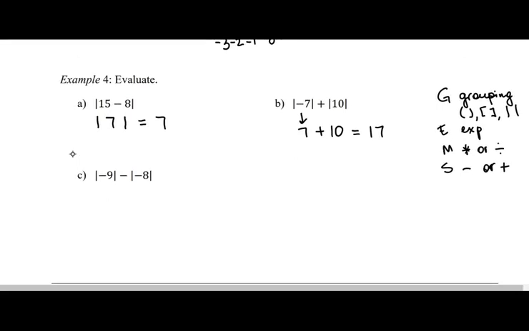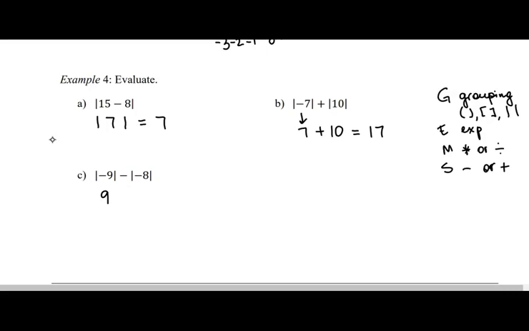In part C, we have the absolute value of negative 9. We have to find that one first. Then we have to find the absolute value of negative 8. And then we will subtract the absolute value of negative 8 from the absolute value of negative 9. So let's do one thing at a time. Negative 9 is 9 units away from 0, so the absolute value of negative 9 is 9.